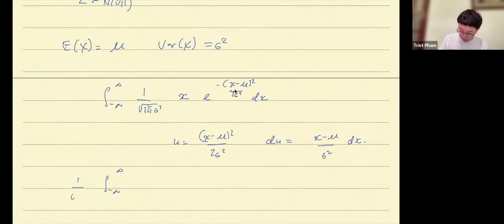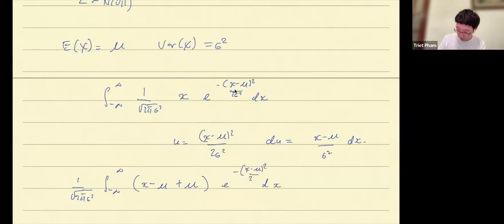So 1 over square root of 2 pi sigma squared here, and then you want to write x as x minus mu plus mu, times e to minus u. Sorry for mixing the notation, but maybe let's just write it like this.